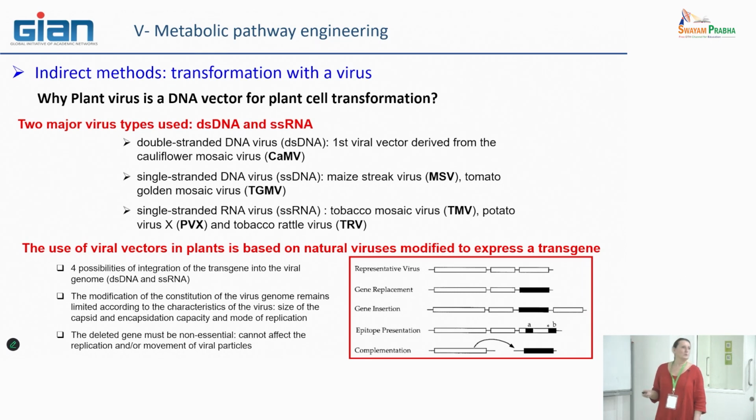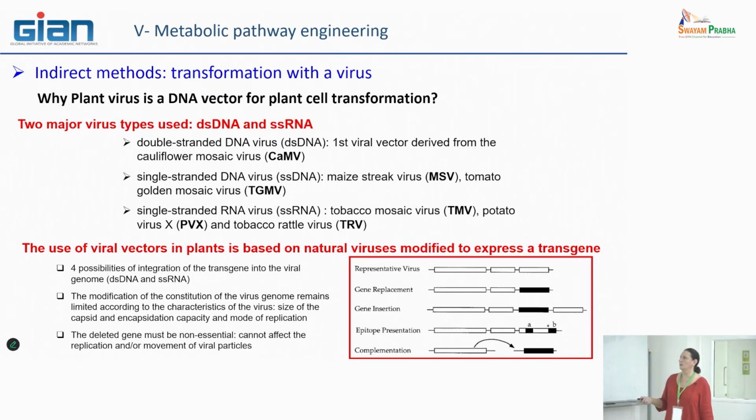So what can we do with this type of virus? There are two major virus types used in biotechnology: viruses with single-strand RNA, as I showed you before, or viruses with double-strand DNA. Here are the names of the most used viruses, in particular CaMV, which is one of the most used, and TMV.